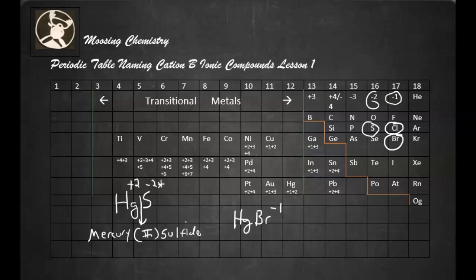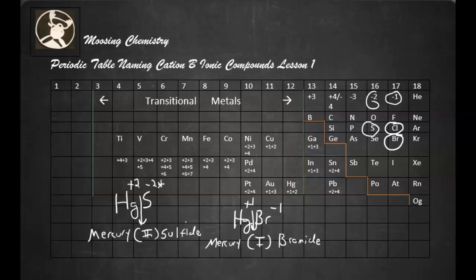So the anion determines the cation. The cation determines the stock number. So now we have mercury(I) bromide. They're both mercury. But yet, when we use different anion elements, we get different names.